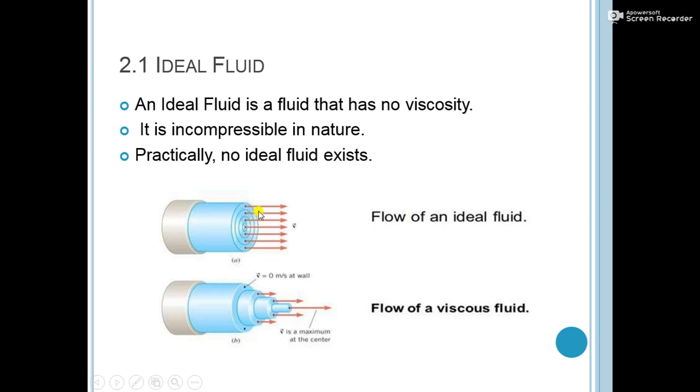Here you can see that there is no layer by layer flow, but there is always a movement between different layers of fluid particles. From the figure we can also understand that velocity is higher at the center.